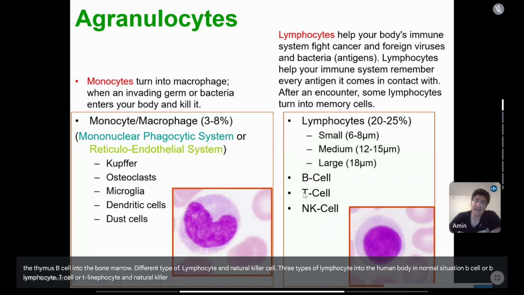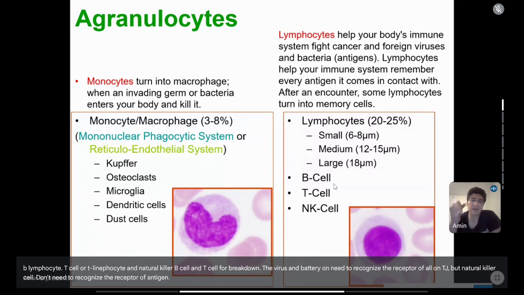B cell and T cell, to break down the virus and bacteria, need to recognize the receptor of the antigen, but natural killer cell doesn't need to recognize the receptor of antigen.